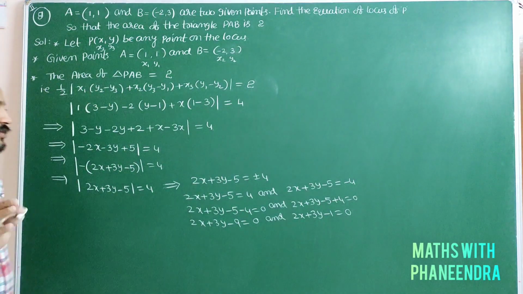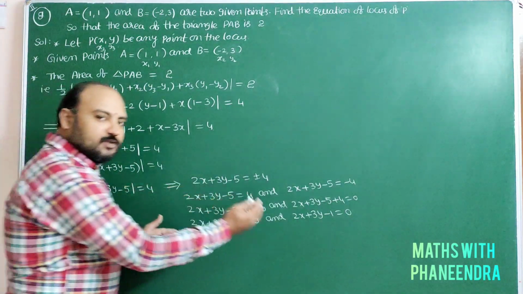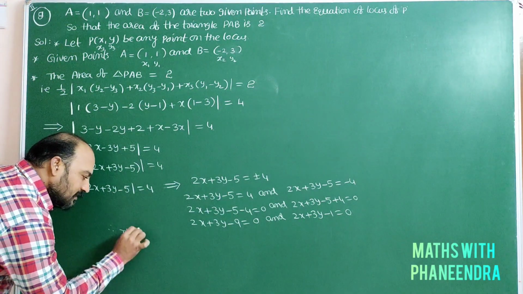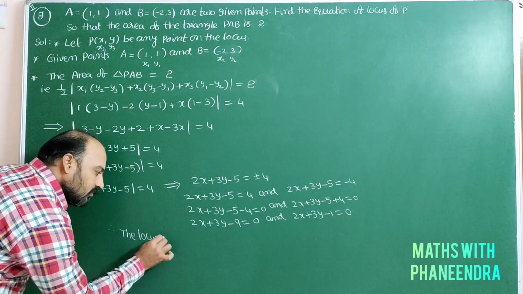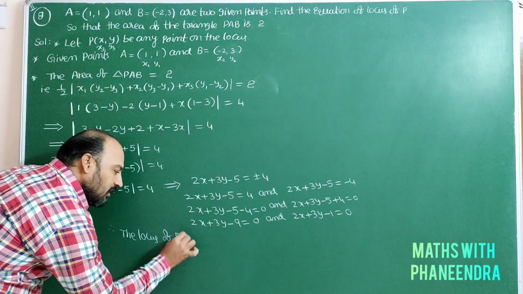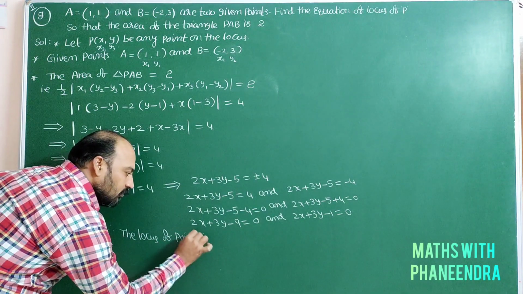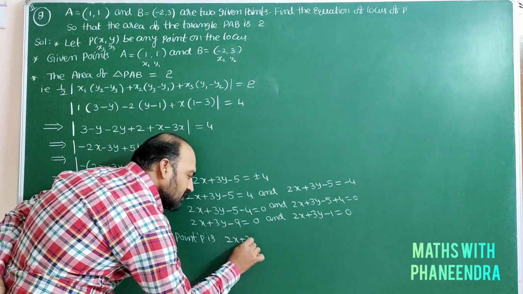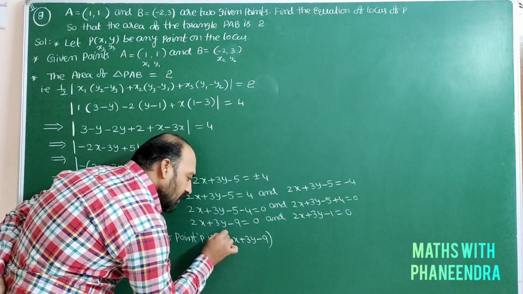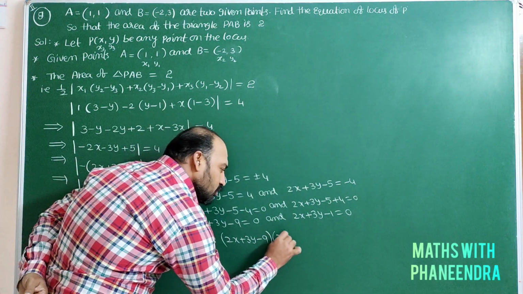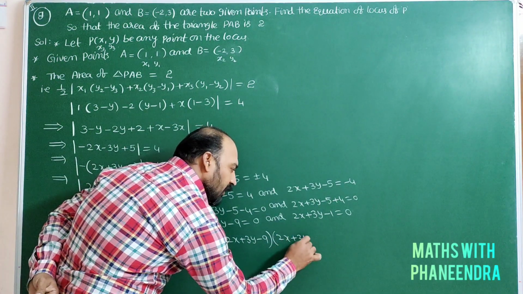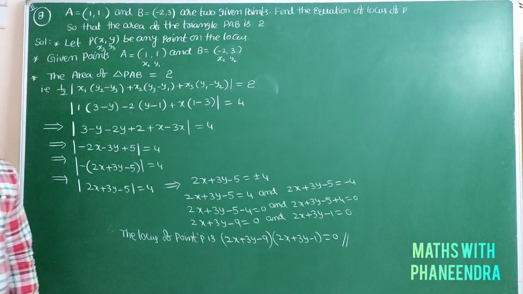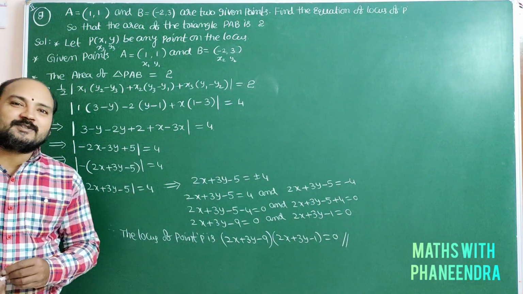So last conclusion step, the combination of these two lines is the required locus. Therefore, the locus of point P is 2x plus 3y minus 9 into 2x plus 3y minus 1 equal to 0. This is the way you can give the answer, dear students.